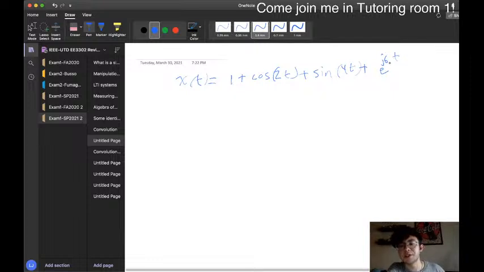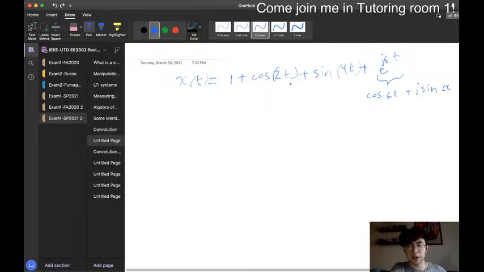This complex exponential is always going to be a periodic function, just because we can decompose it into a cosine 6t plus imaginary number j, we're using j, sine 6t. So this one's periodic too. So any sum of periodic functions is also going to be periodic.